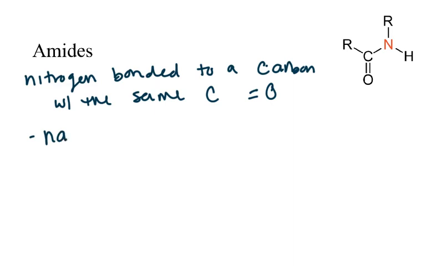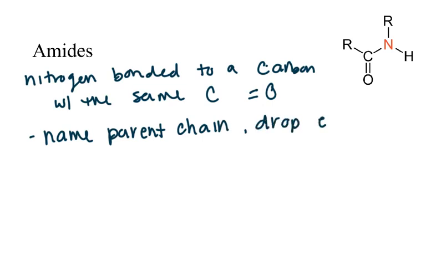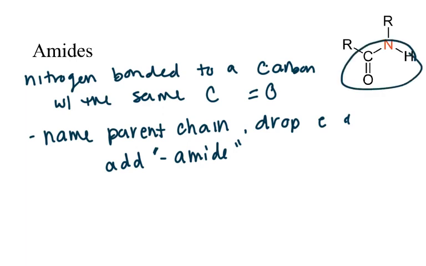So we name the parent chain first, drop the ending, and we add amide. The last one was amine, this one is amide, and this is what our functional group looks like here. It's going to be this group there.